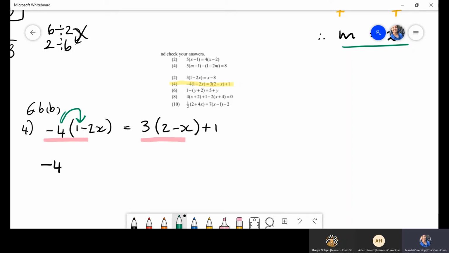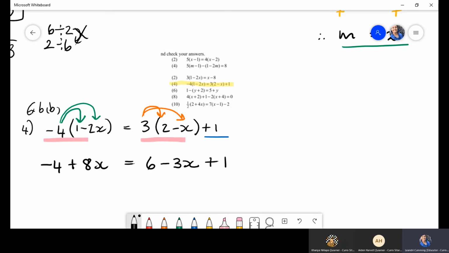Negative 4 times negative 2x, positive 8x, equals 3 times 2, 6. 3 times negative x, negative 3x. And this plus 1 right here, that's plus 1. That's got nothing to do with my distributive law.